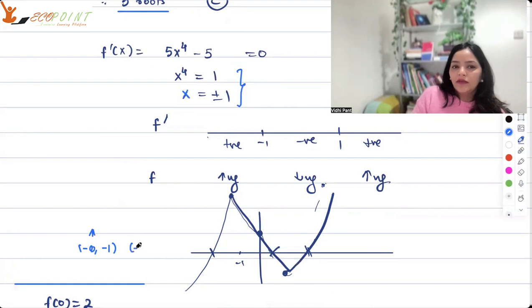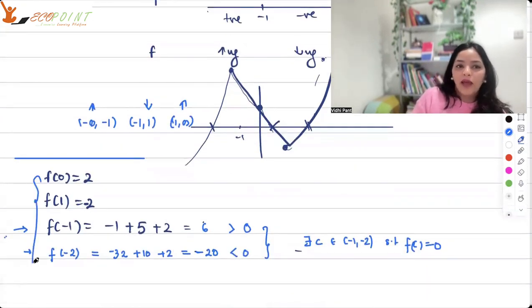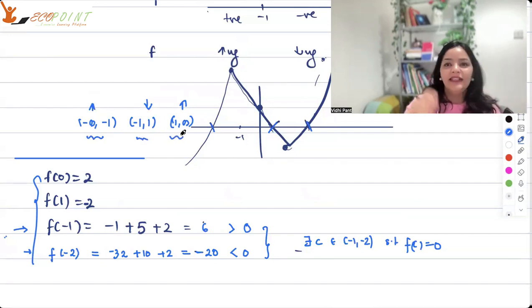Then between minus 1 and 1, it's decreasing. And then from 1 to infinity, it is again increasing. And we already have an idea of the values that we are attaining. So with that, we get to know that it must be cutting the x-axis here, here, and here, one time in each region. So that is why you have exactly 3 roots.